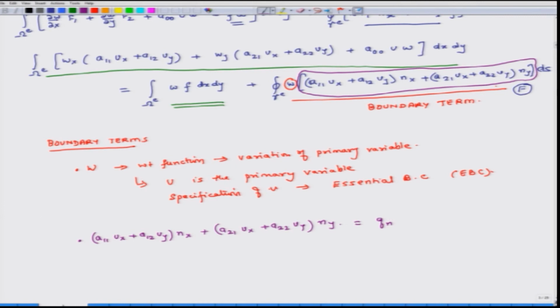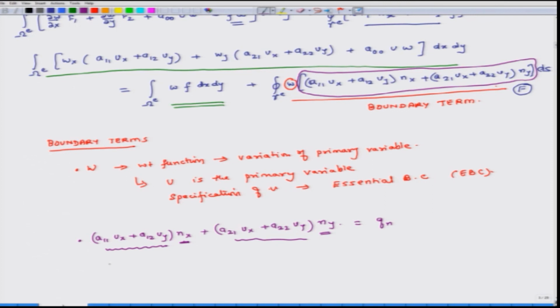Now, what does this Qn mean? This is the direction cosine in x direction, this is the direction cosine in y direction. These are the components of the unit normal. This term represents projection of an entity in the x direction, and this represents in the y direction, right.